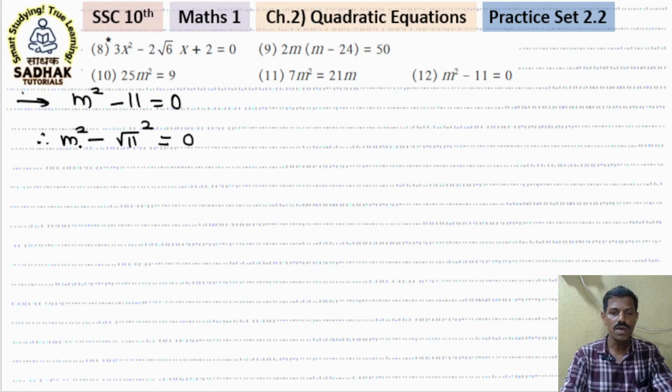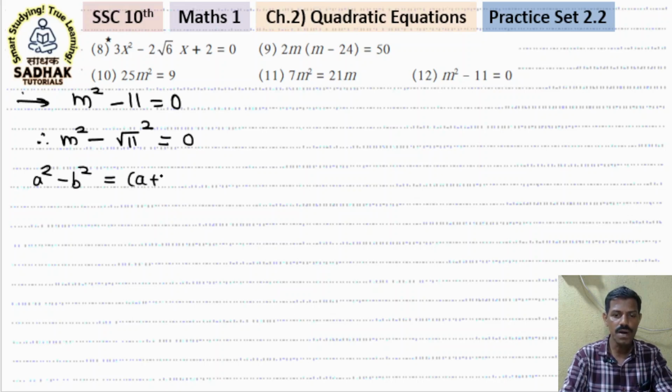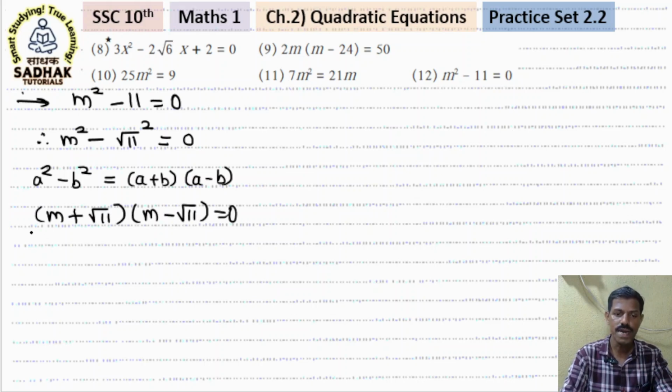Okay. So now again this is of the type a square minus b square. So that will be a plus b and a minus b will be the factors, right? So m square minus root 11 square we can write as m plus root 11 multiplied by m minus root 11 is equal to 0, right? So now it is simple, m plus root 11 is equal to 0 or m minus root 11 is equal to 0.